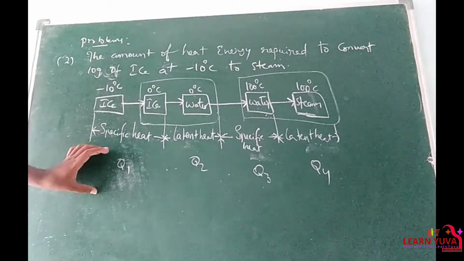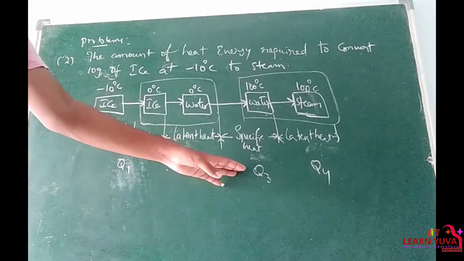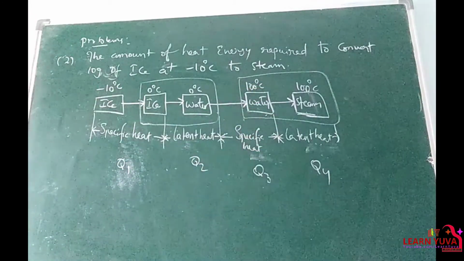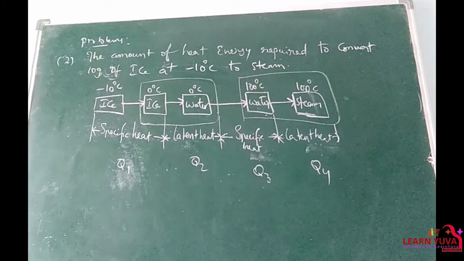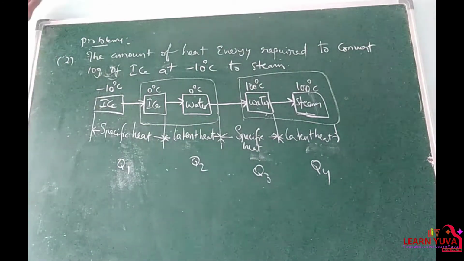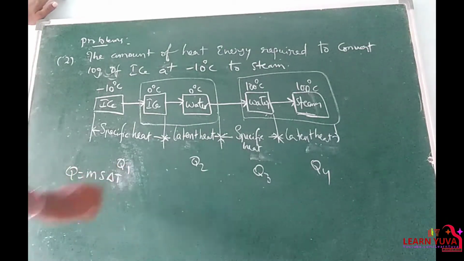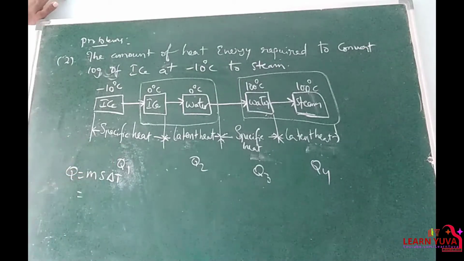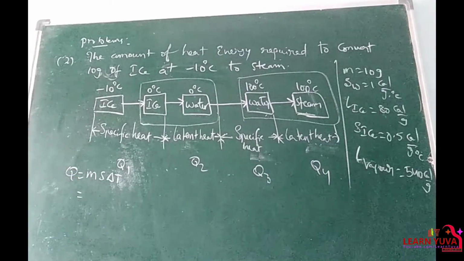Q1 is the specific heat capacity of ice, Q2 is the latent heat of ice, Q3 is the specific heat capacity of water, Q4 is the latent heat of steam, right? So that's it. So Q1 is equal to ms delta T. Here we are using specific heat capacity, m value, right?